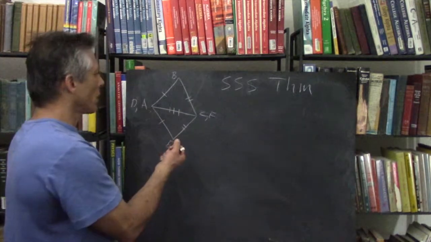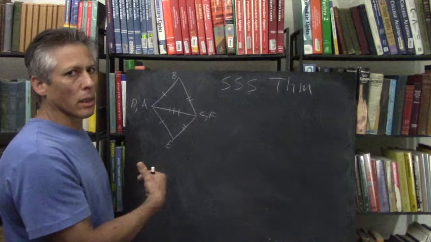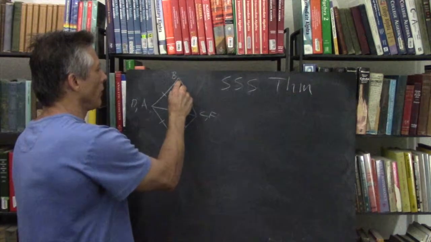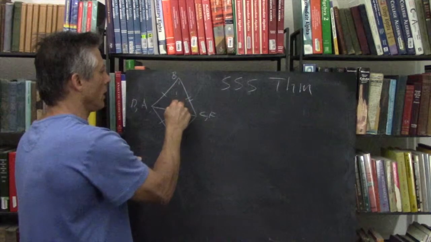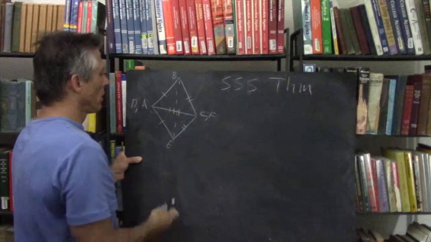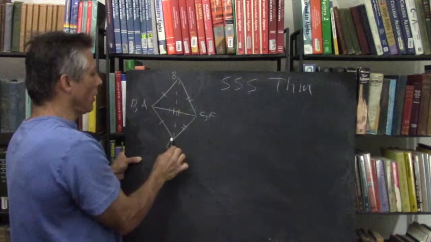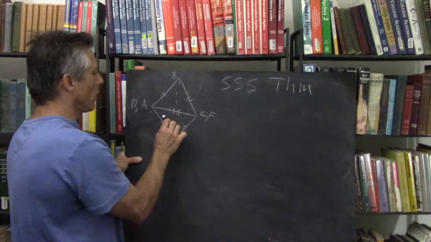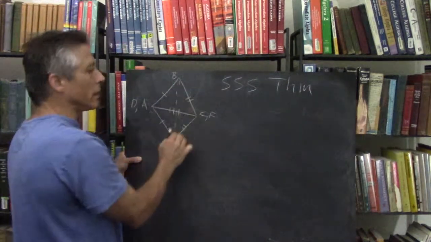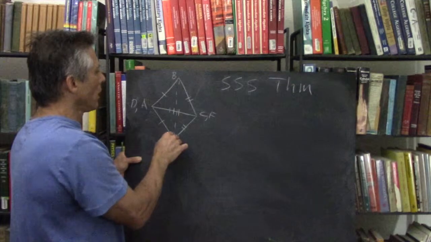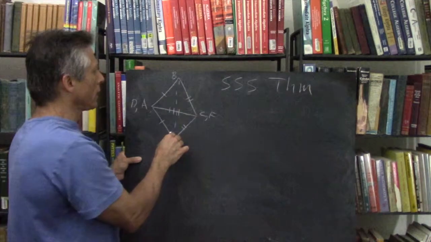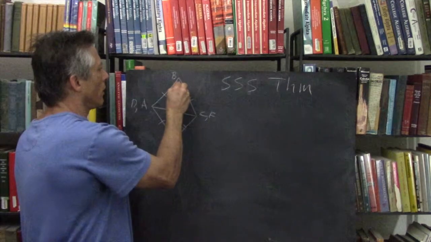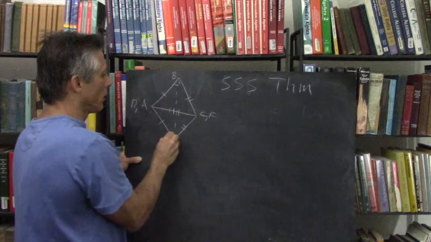So we're going to try to use our previous theorems to show this is true. Now, notice that if we drew a dashed line down here, we've got this triangle, and we know that it's isosceles, and we know the base angles of an isosceles triangle are congruent, so we know this angle is the same as this one.